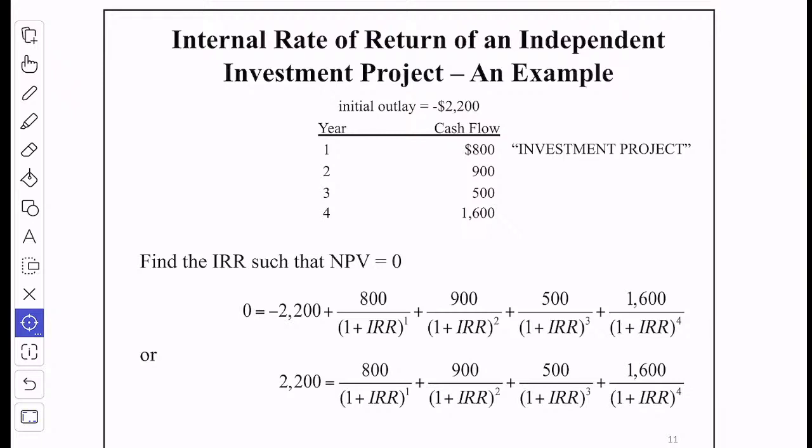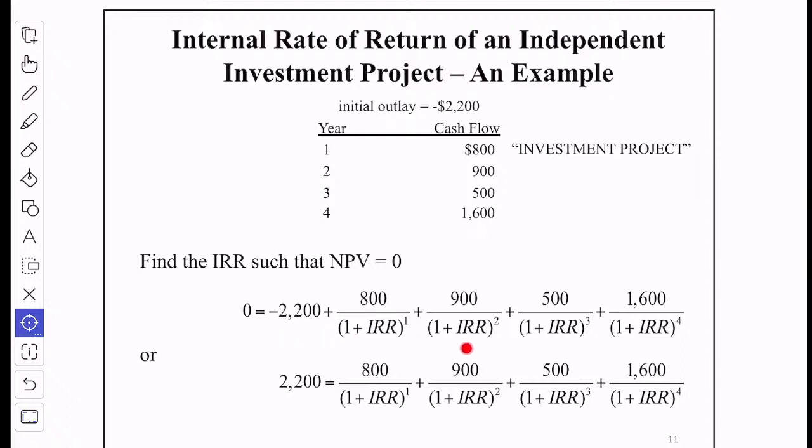Internal rate of return satisfies this expression. Set the NPV to 0 and determine what is the return, the intrinsic rate of return for this investment. So you're finding like the break-even rate of return or return on investment.